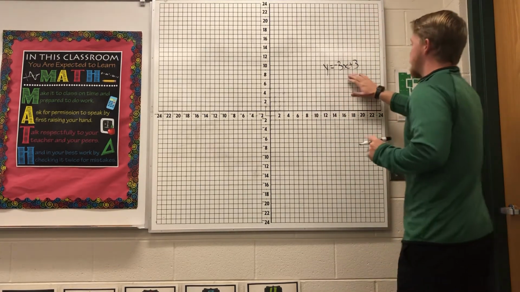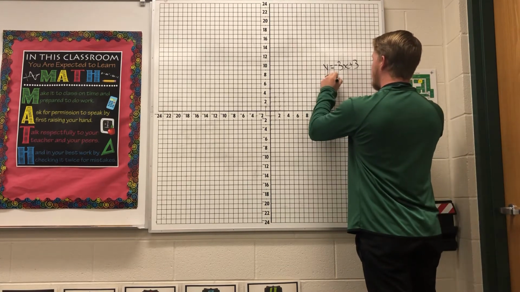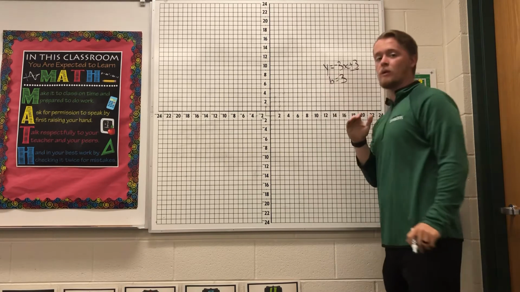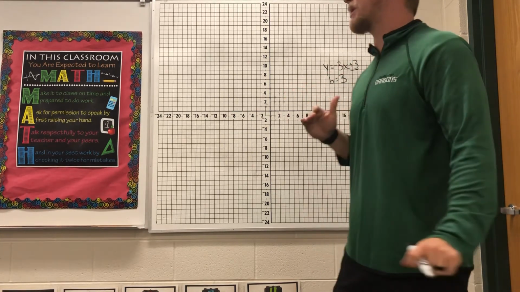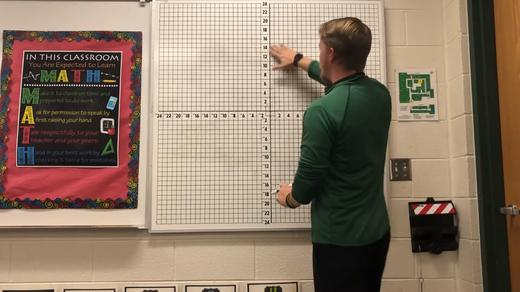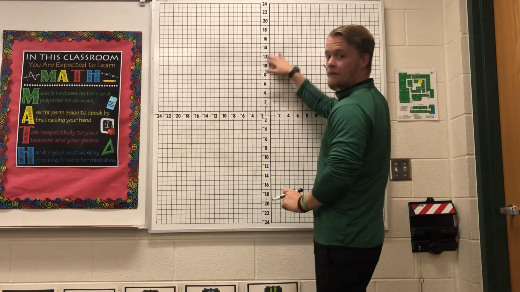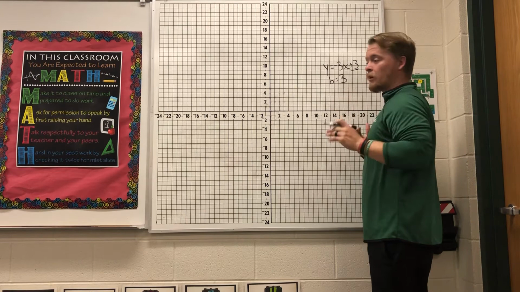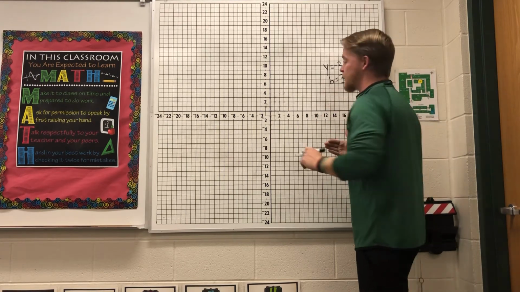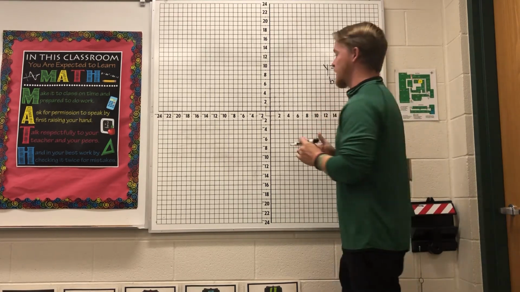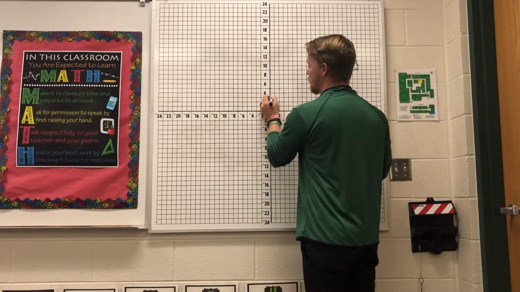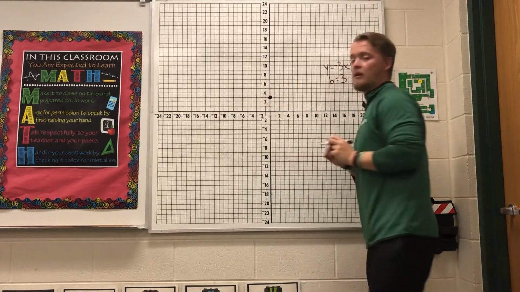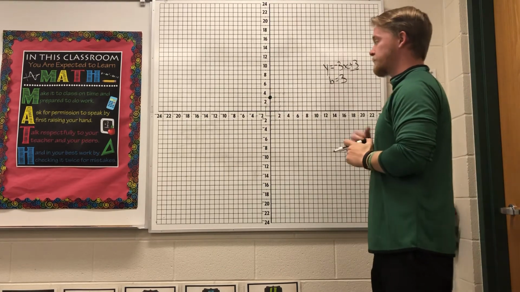And in this case, my y-intercept, my b, is 3. And what that means is, on the y-axis, which is right here, running vertically, the point 3 is where my line is going to go through the y-axis. So that's where my first point's going to be. So on the y-axis, I go up to 3 and make my first point. That is where my first point will be when graphing in slope-intercept form.